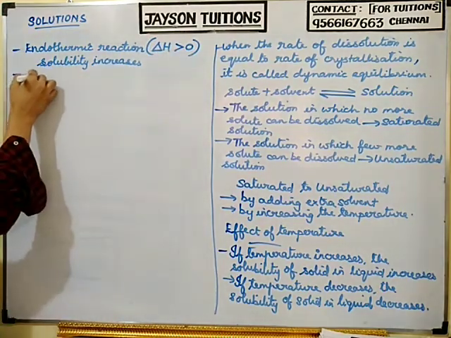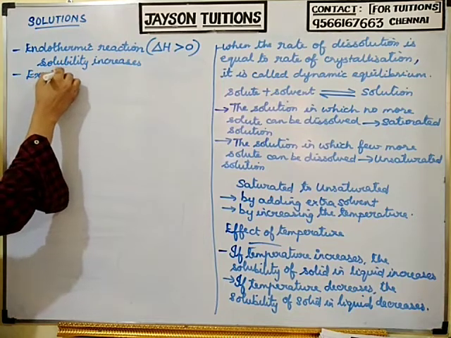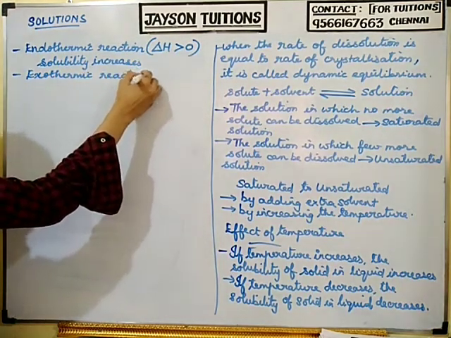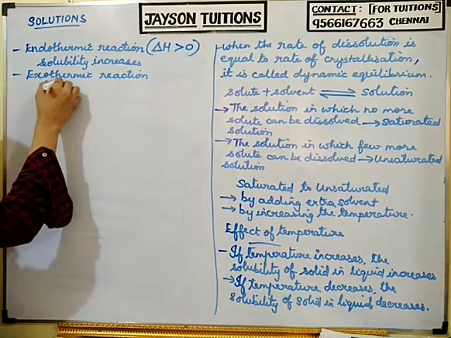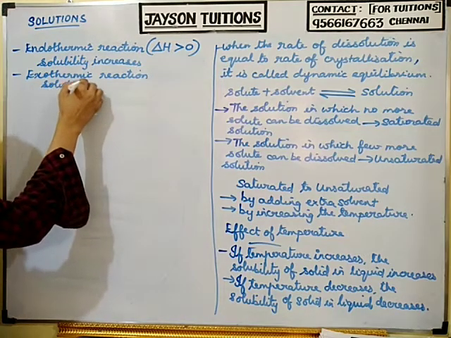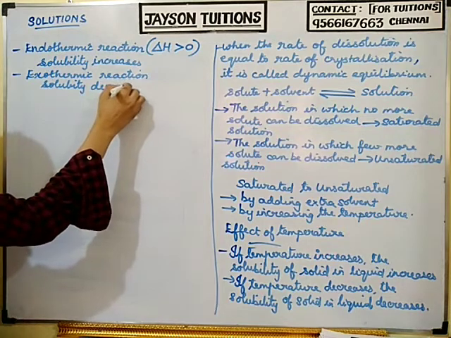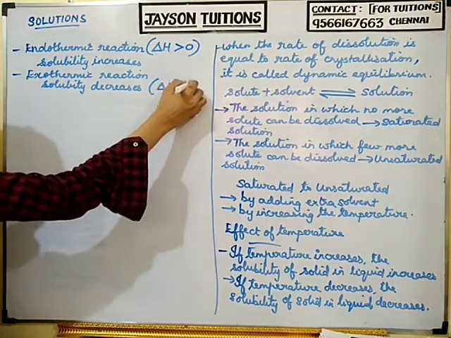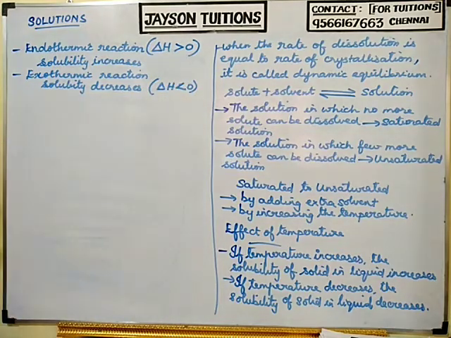Okay. So for exothermic reaction, the solubility will decrease. So for the exothermic reaction, solubility decreases. So delta H will be less than 0 for exothermic reactions.